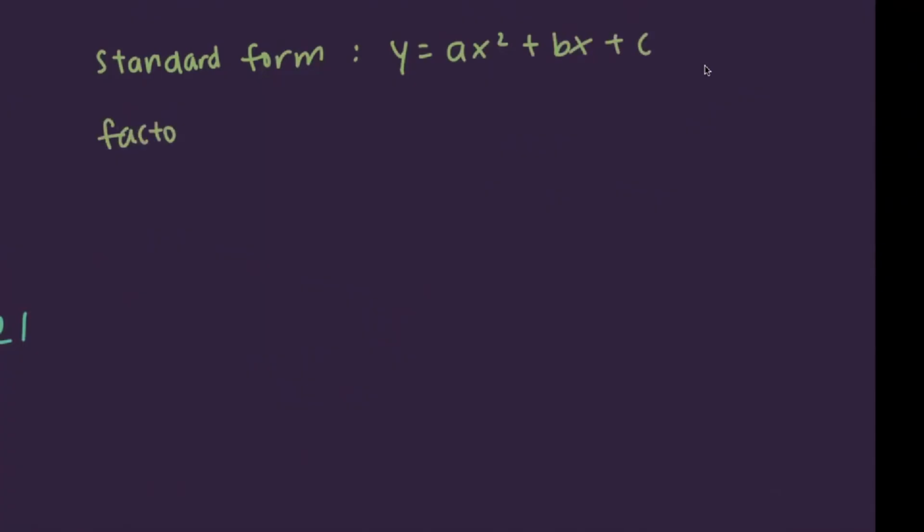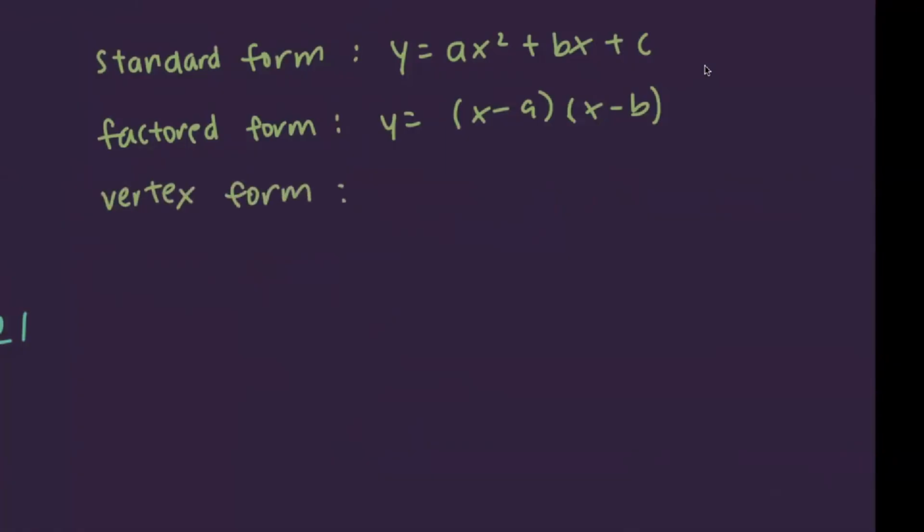Our factored form is y equals a times x minus r times x minus s. And our vertex form is y equals a times x minus h squared plus k. And here we can get our vertex because h, k would be our vertex. So the vertex form will give you our vertex coordinates.